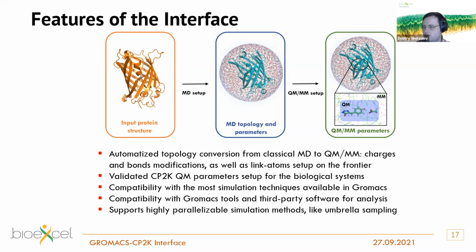Our interface is compatible with almost any simulation technique. It's not compatible yet with FEP, but it is compatible with many others available in GROMACS, and even supports highly parallelizable methods like umbrella sampling and AWH, accelerated weight histogram, and so on.